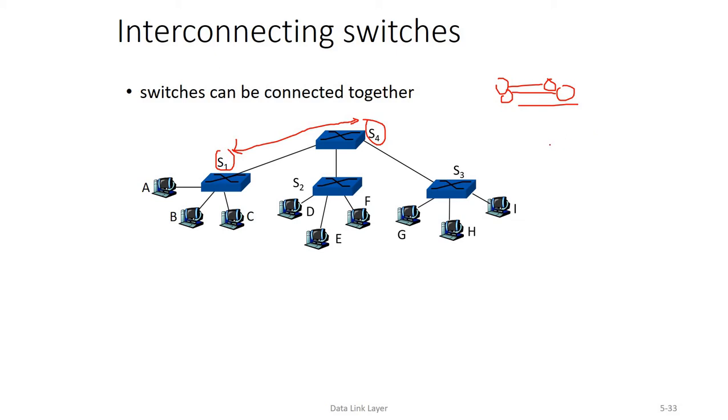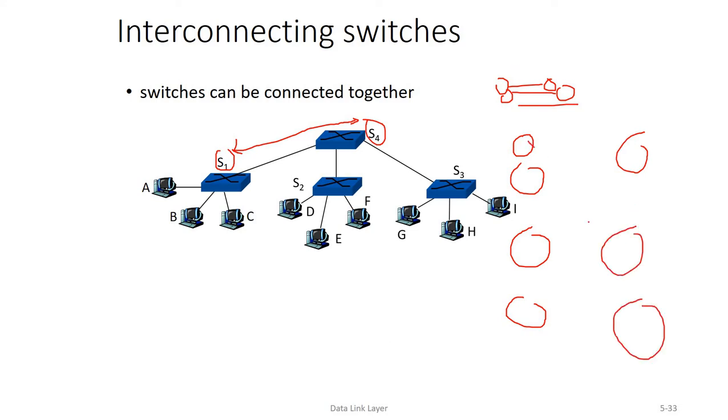And the other one we call crossover. That means if we have a sender and receiver, the communication will become like this. So this one we call crossover. This one you find in how you connect the colors to the RJ45.